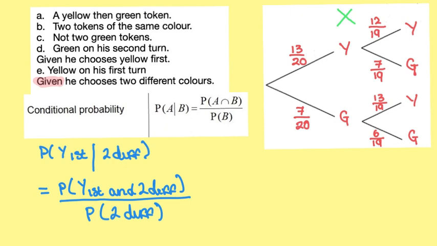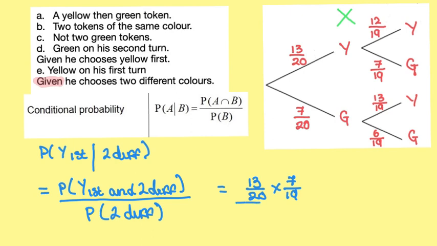Well, the only way I can get yellow first and have 2 different is if I picked green second. So that is equal to 13 out of 20 times 7 out of 19 on the top.